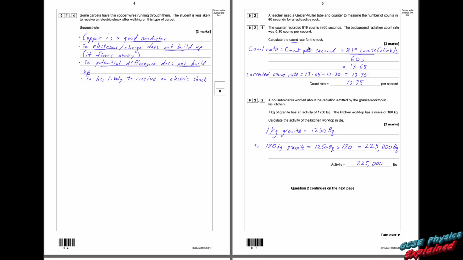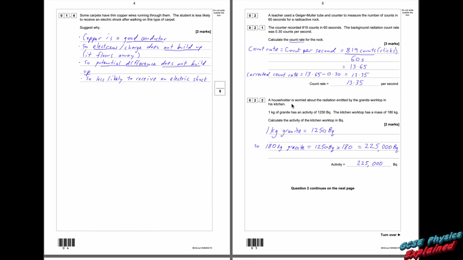That's what rate means, how often something happens per second. So 819 counts or clicks in 60 seconds, so that means 13.65 clicks per second. Now we need to correct that count rate. Take the count rate of the rock and the background and take the background count rate away from it, and that will give us the count rate for the rock.